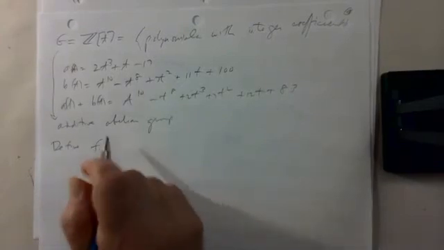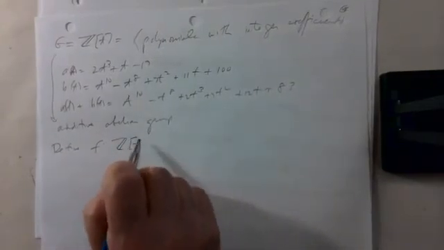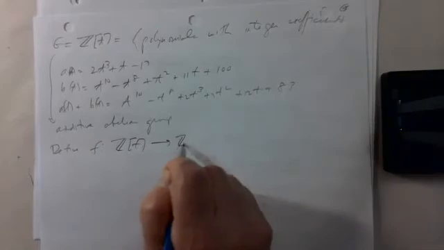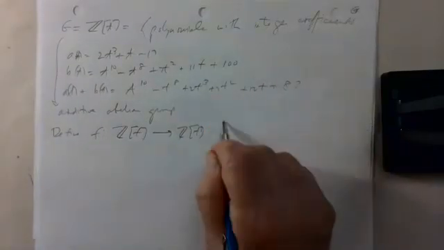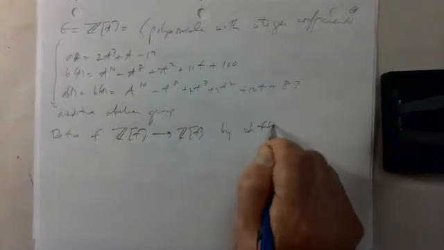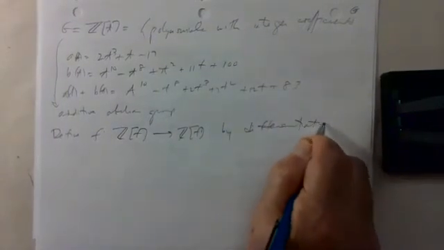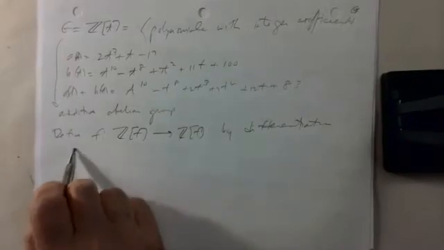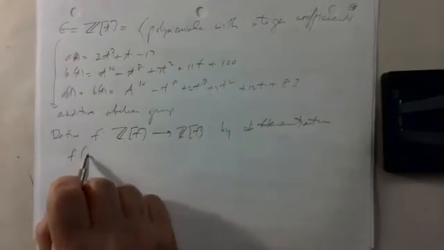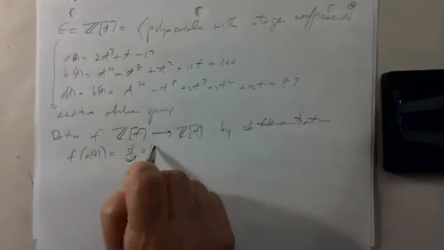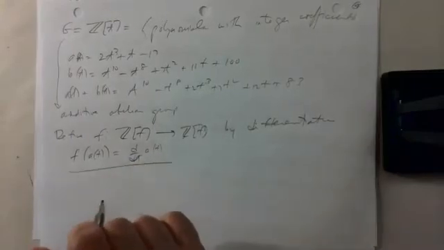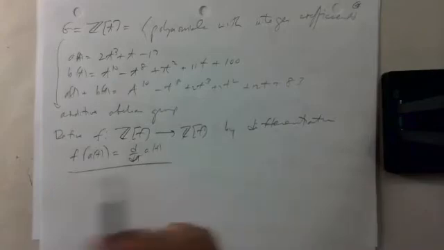Here's a function from G to itself. So define a function from the polynomials to the polynomials by differentiation. F of a polynomial a of t is the derivative. Now, this is a homomorphism.